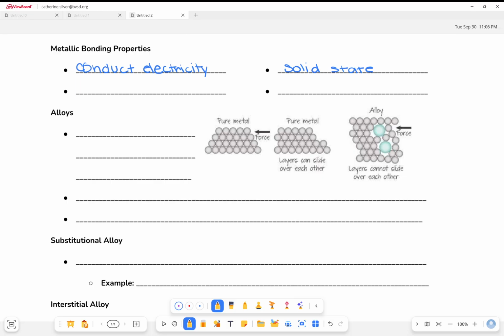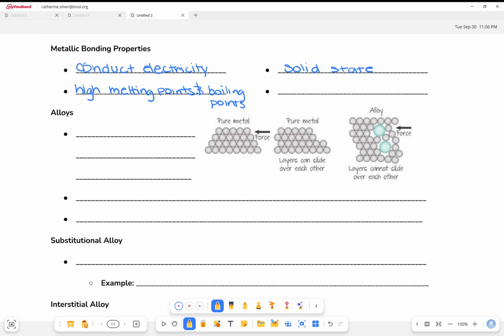These are going to have super high melting points and boiling points.